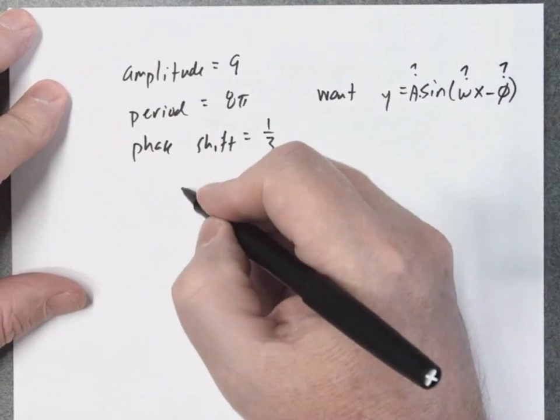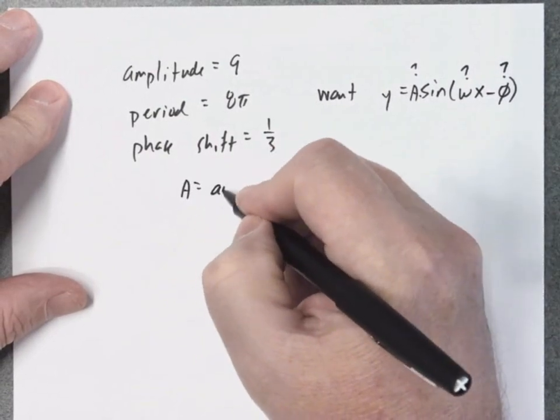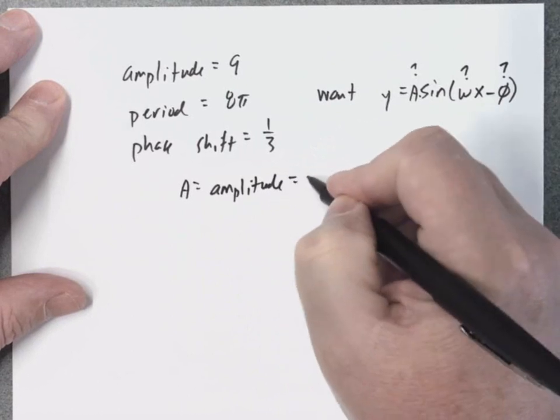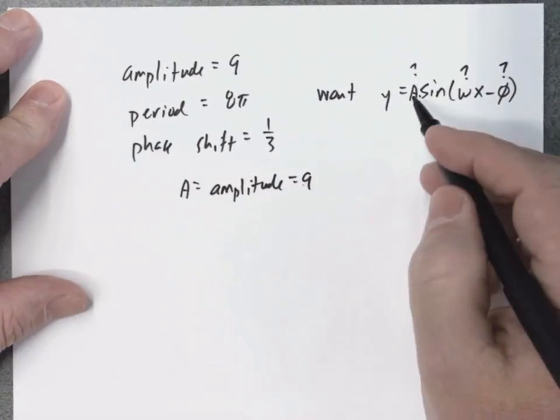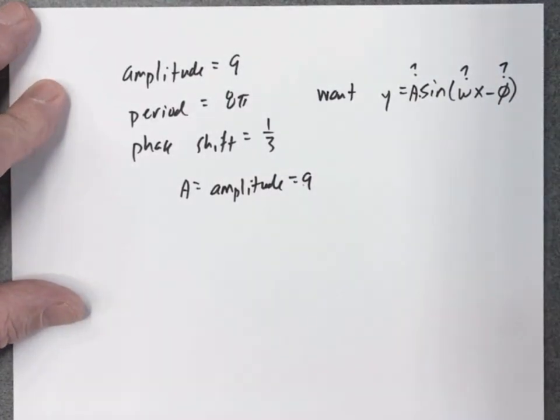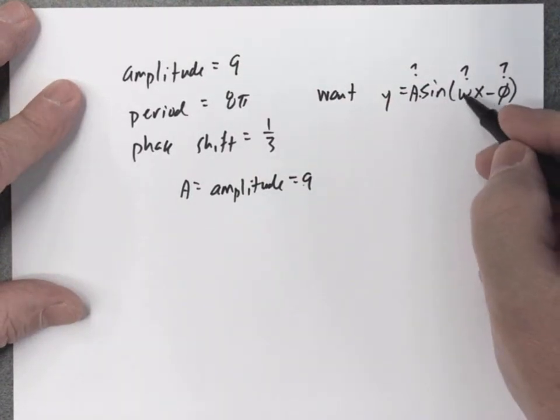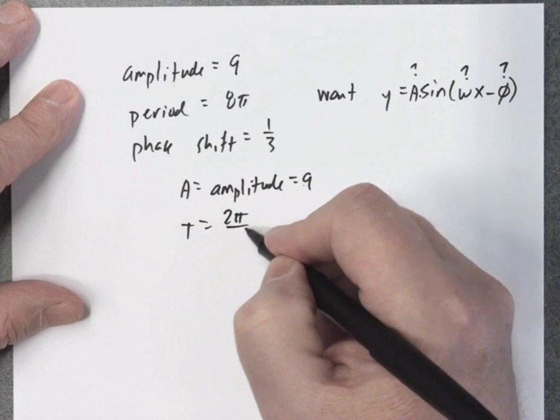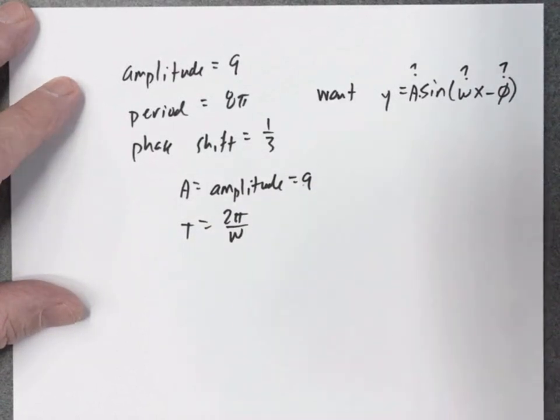So they give us this information about the graph. Well, A is going to be easy because A is always the amplitude. So I know that right away. So now I can plug in 9 for A. How do I find omega? Well, I know the period is 2 pi over omega.